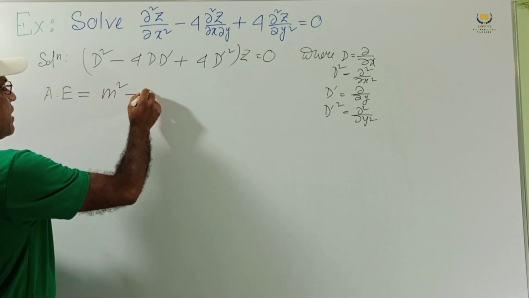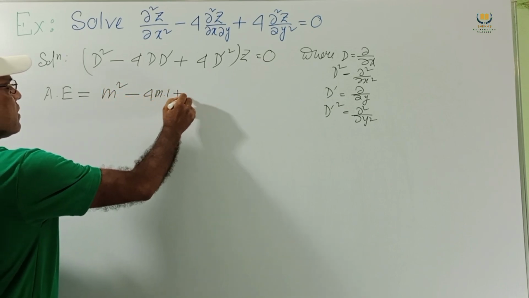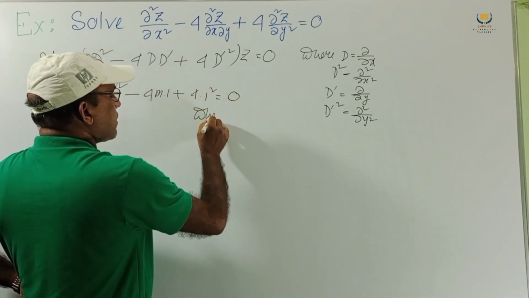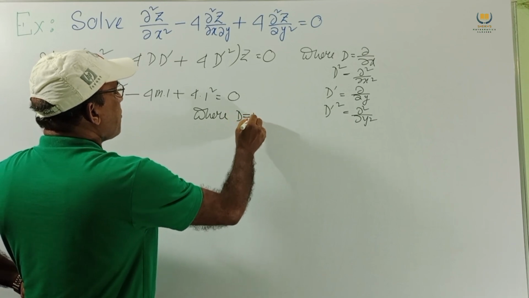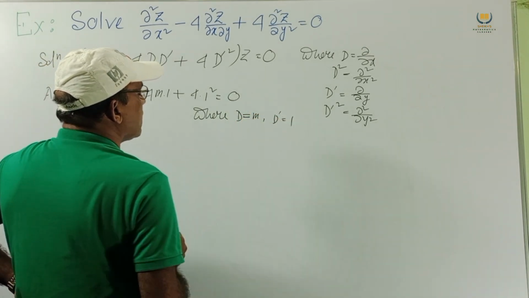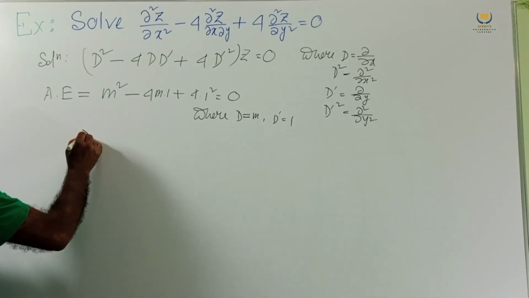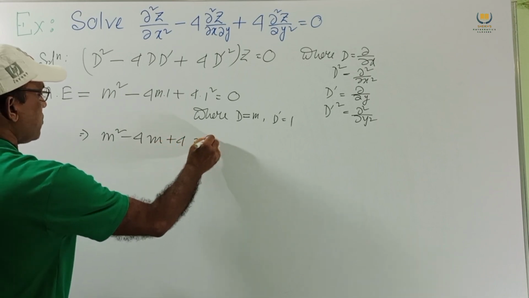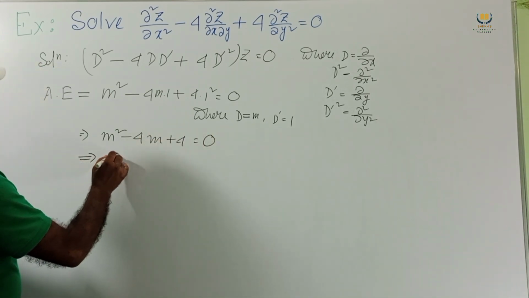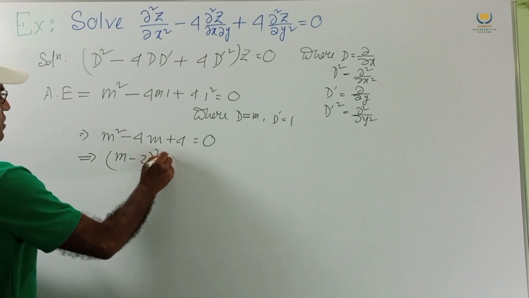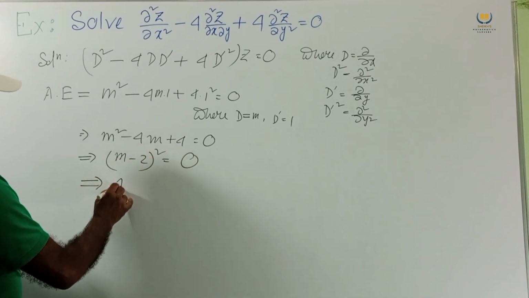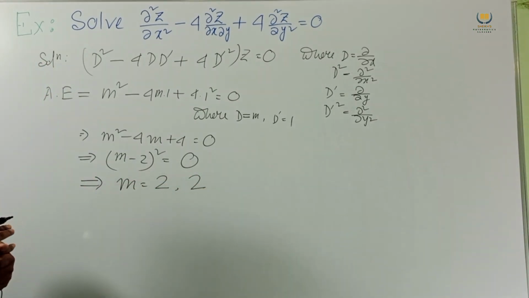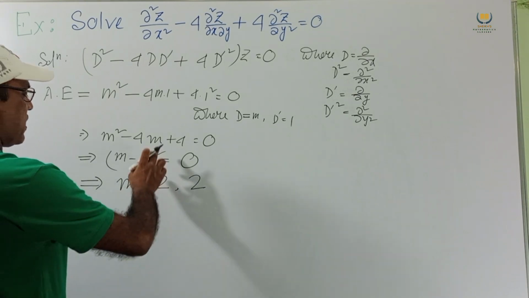This gives m² − 4m + 4 = 0. Solving, we get (m − 2)² = 0, which implies m = 2, repeated. So the roots of the equation are 2 and 2.